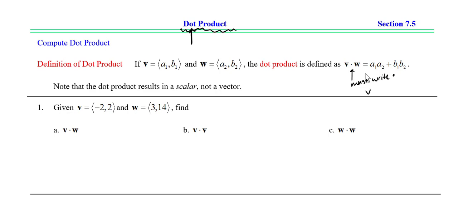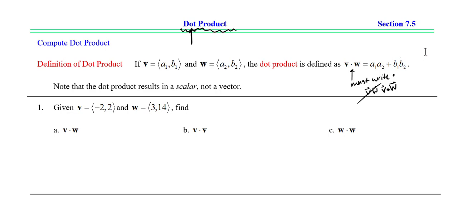You don't want to write just VW. You want to write v dot w. So that dot indicates that we're doing a very specific type of multiplication here, defined in this way, so that v dot w is a1 times a2, so the product of the first two components, plus b1 times b2, the product of the second two components.